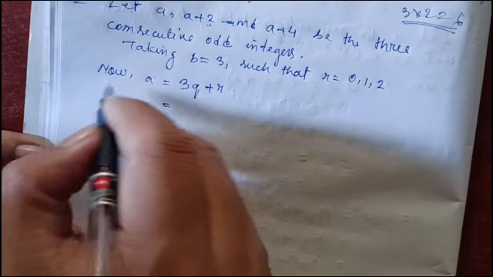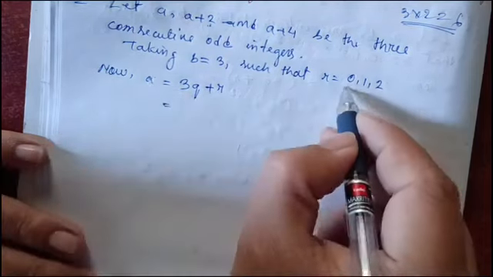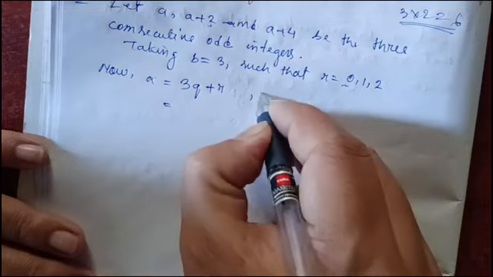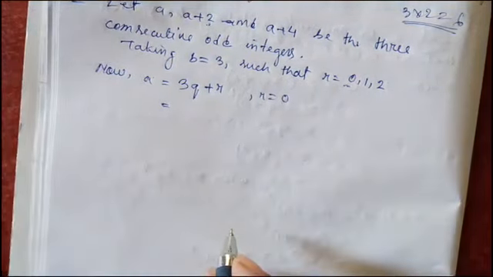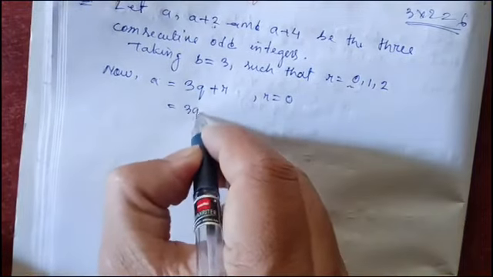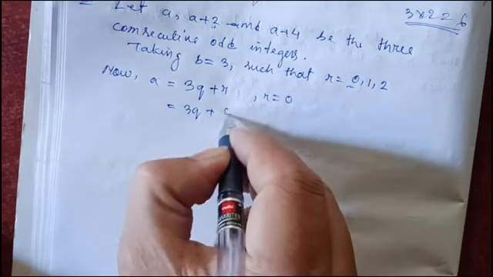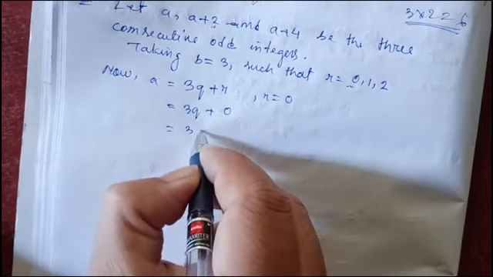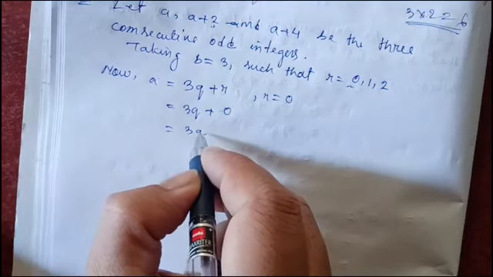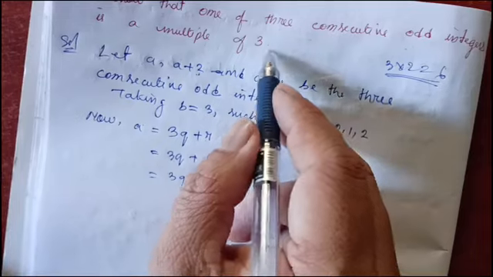So here let us take the first one. What is the first number when r equals 0? When r equals 0, then 3q plus, instead of r we replace with 0. Then you know that 3q plus 0 is still 3q. So 3q is a multiple of 3, because 3 ones is 3.